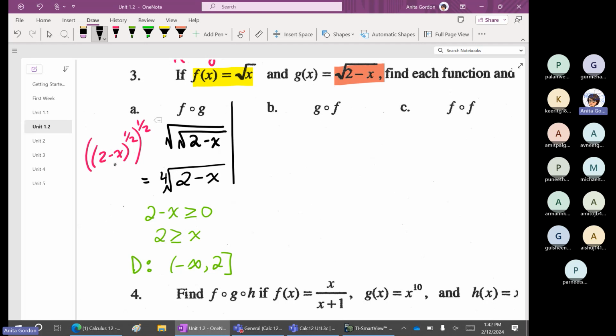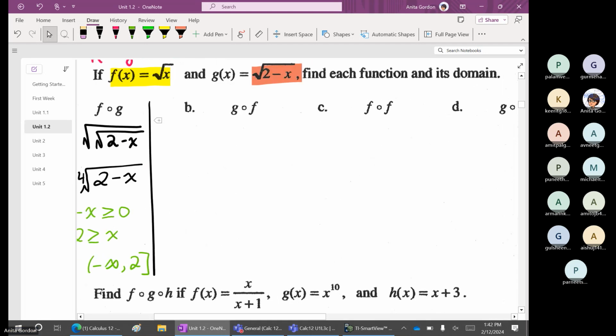Let's take a look at part B. Now we're starting with the g function. So big square root 2 minus, instead of x, I'm putting the entire function f. So this is root x.